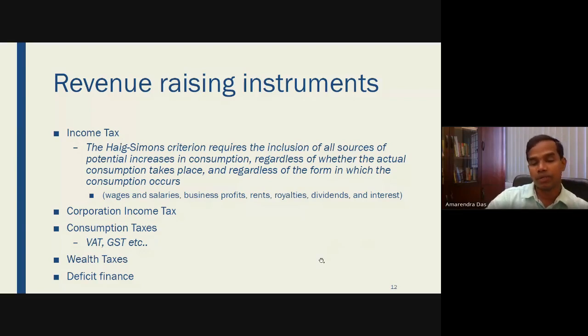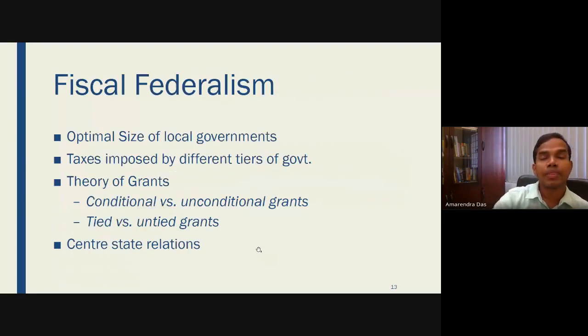The center asked the states that you can borrow from this, but the states protested. So that means there is a lot of implication on borrowing. If a state borrows, it has a different implication. If the center borrows, it has a different implication. So all those things are basically discussed theoretically in the deficit finance.